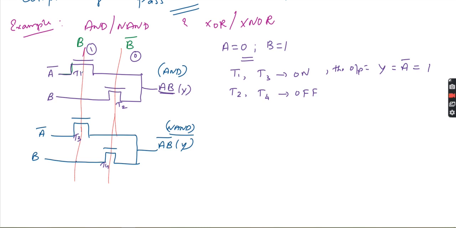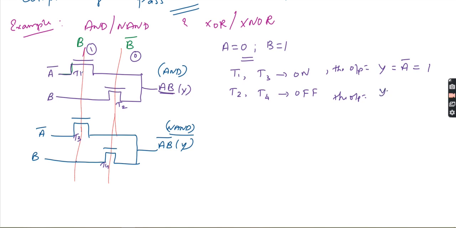Then what about the bottom part, T2 and T4? T3 also is on. If T3 is on, the output Y will again be A bar only.